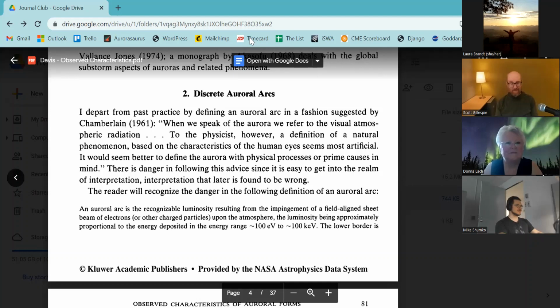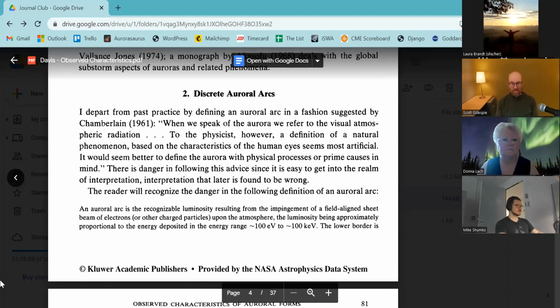I depart from past practice by defining an auroral arc in a fashion suggested by Chamberlain, 1961. "When we speak of the aurora, we refer to the visual atmospheric radiation... To the physicist, however, a definition of a natural phenomena based on the characteristics of the human eyes seems most artificial.